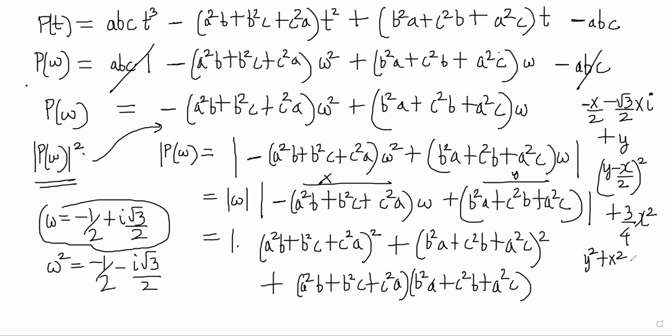Finally, it will be y square plus x square plus... Notice that there is a minus sign here. So minus of minus half, so this is a plus half actually. Okay, I'll just do it on the next screen for clarity.